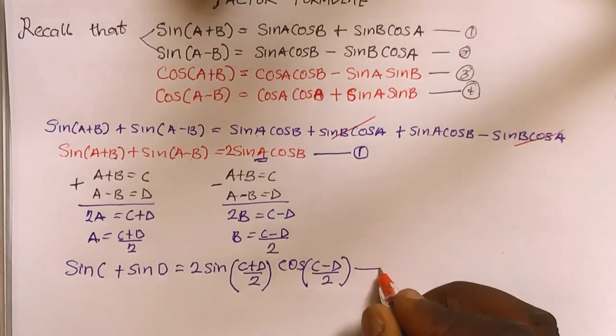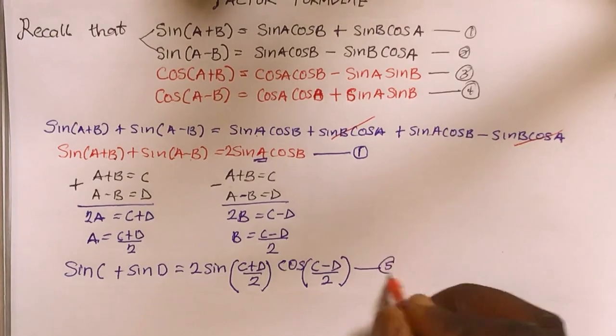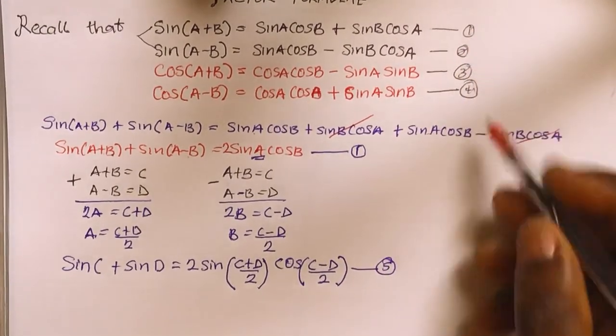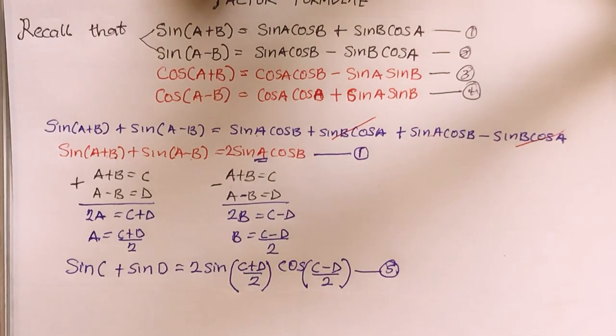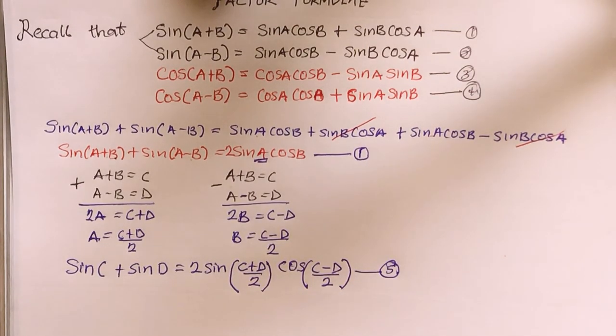This is the fifth identity. From identities 1 to 4, we now have the fifth identity. These are called the factor formula, and they are derived from the method of the addition formula.